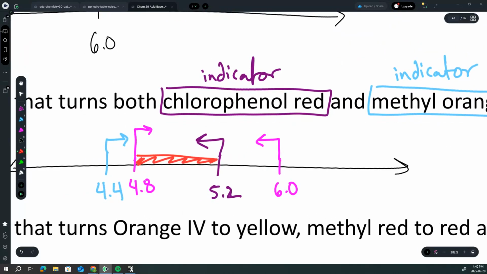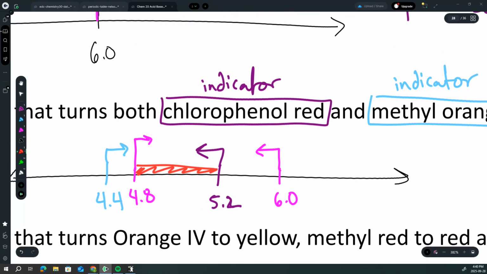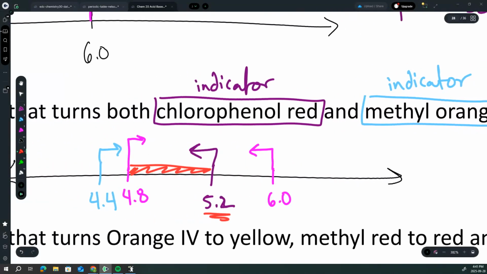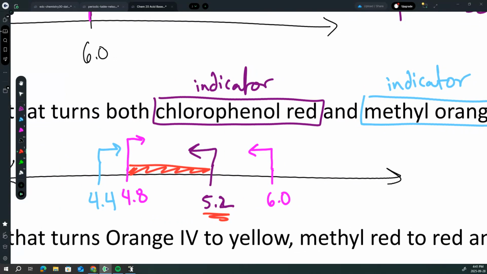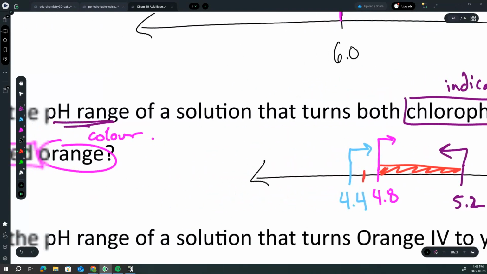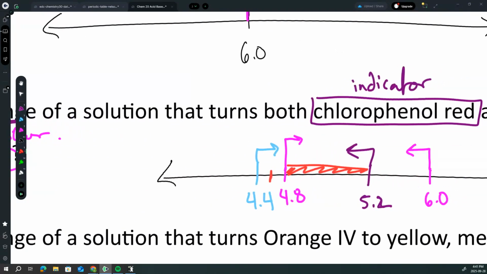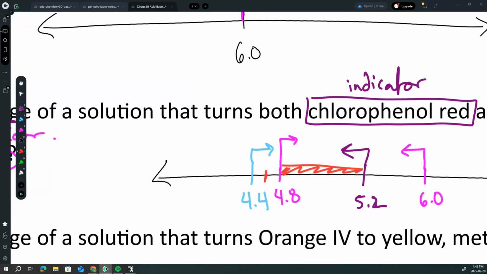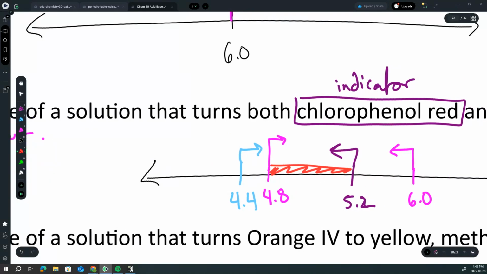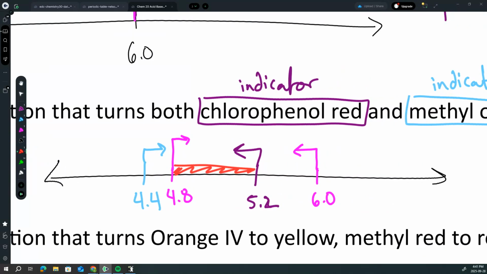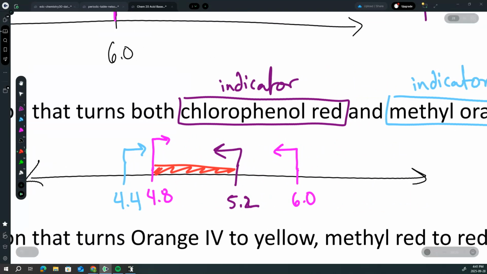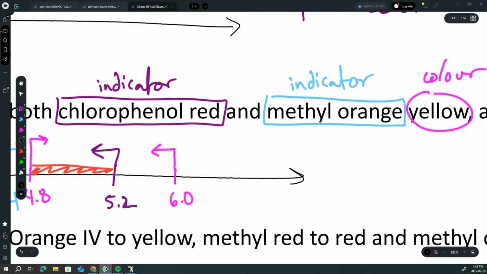We can't say the range goes beyond 5.2, because then chlorophenol red would not be yellow, since it's only yellow at 5.2 and below. We can't go any lower than 4.8, because then methyl red would not be orange at a pH lower than 4.8. That's why you have to go with the two closest arrows pointing towards each other.